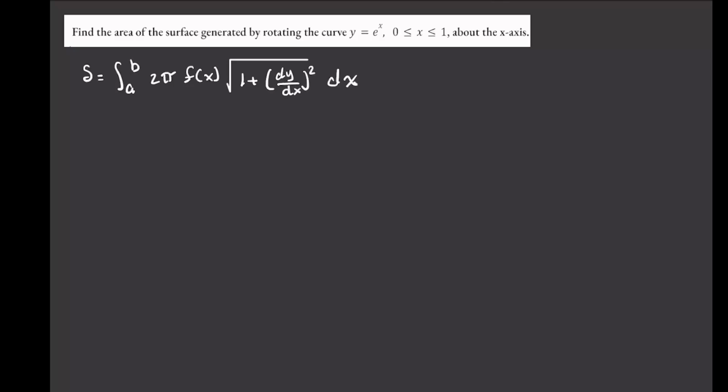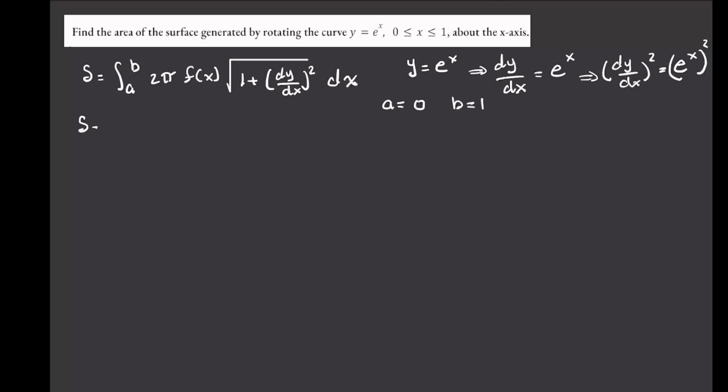So the first thing I'm going to do is take my function, y equals e to the x, and take the derivative of that function with respect to x. So I would have dy over dx is equal to e to the x. Now square that: dy over dx squared gives you e to the x squared.